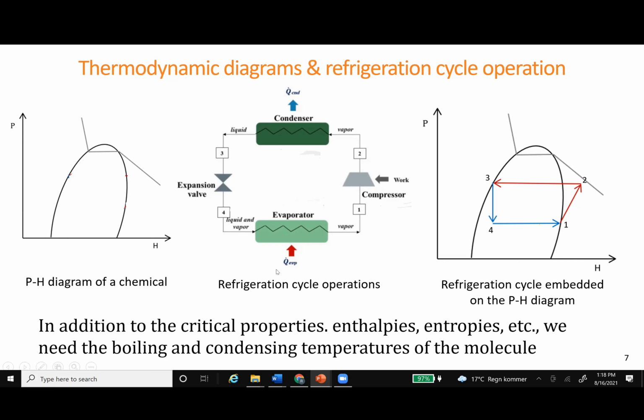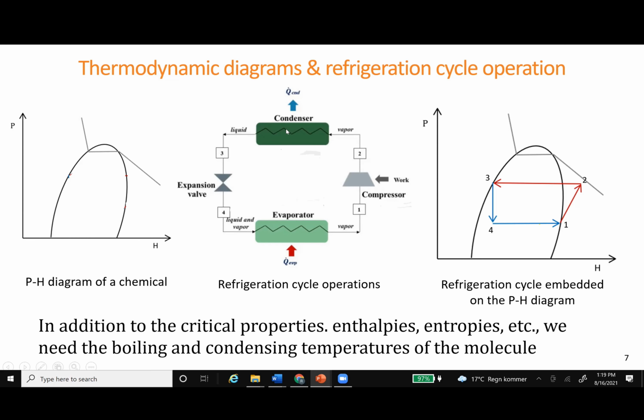Remember that this is the part where the system needs to be cooled. So this temperature has to be lower than the system temperature or the room temperature that we want to cool. Similarly, this temperature has to be higher than the cooling medium that will be cooling the refrigerant.